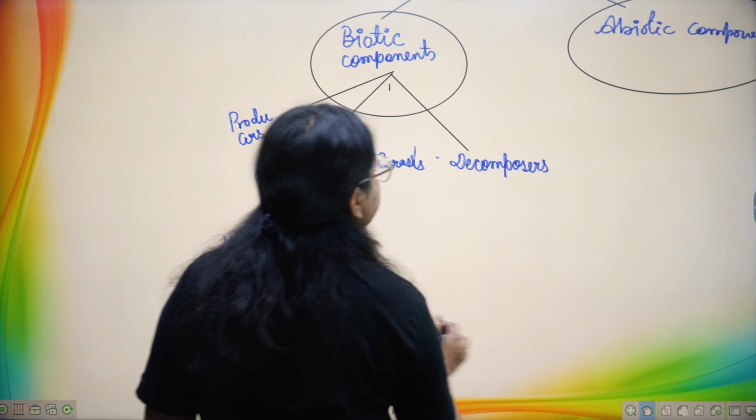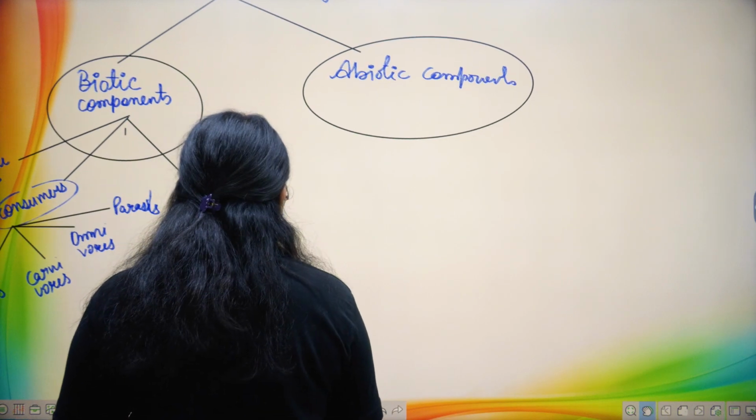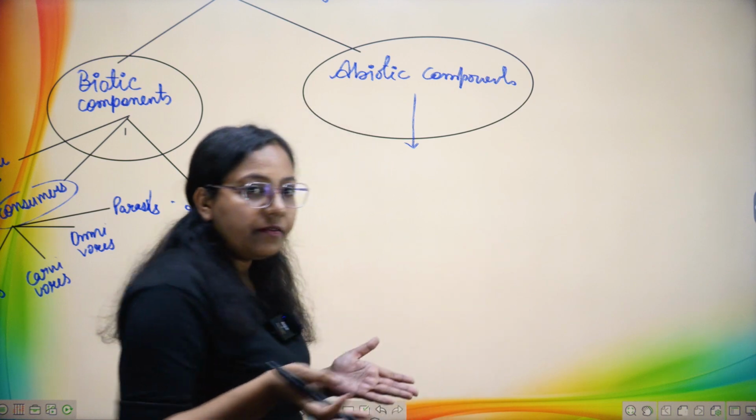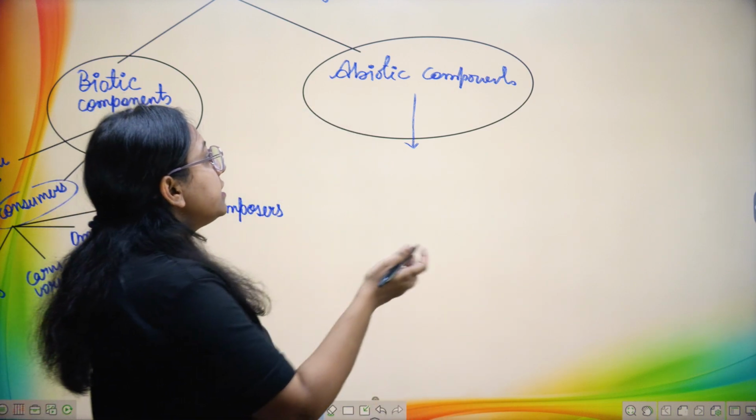Now we have to understand abiotic components. What are the abiotic components? Those components which are made up of non-living things, like ponds, like lakes. These are the abiotic components.